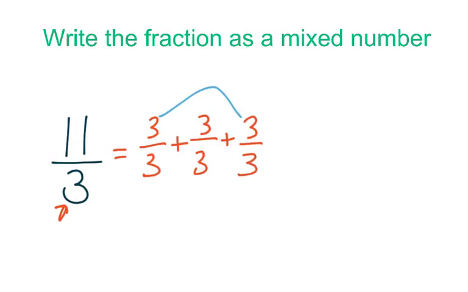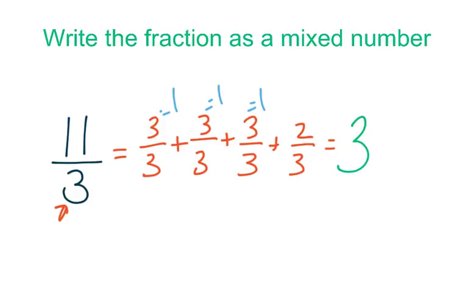This gives me 9 as a numerator. And I have 11, so I can only add 2 more. Then I'm going to rewrite my wholes in fractions as whole numbers. So I have 1 whole, 2 wholes, 3 wholes, which gives me my final mixed number as 3 wholes and 2/3.